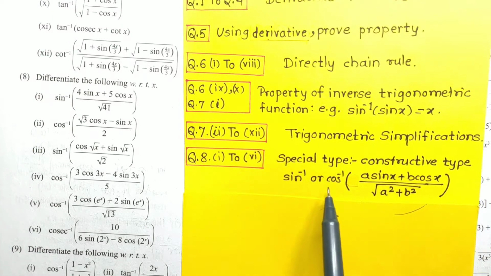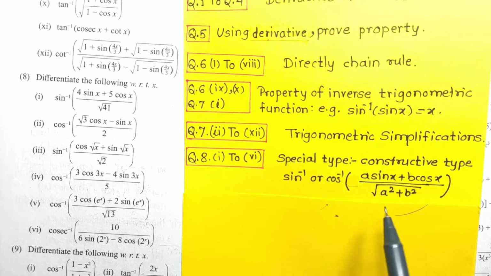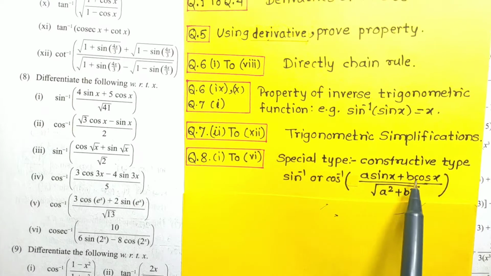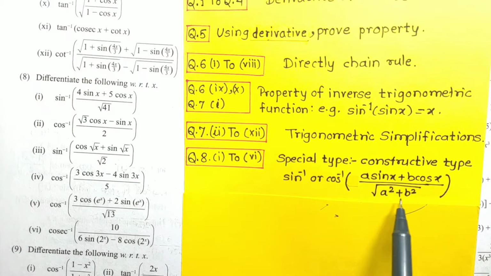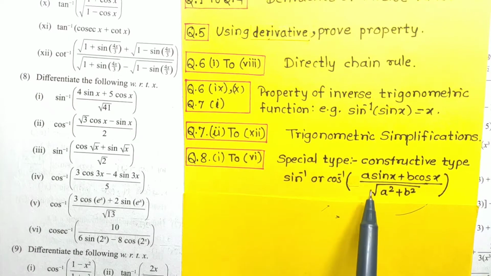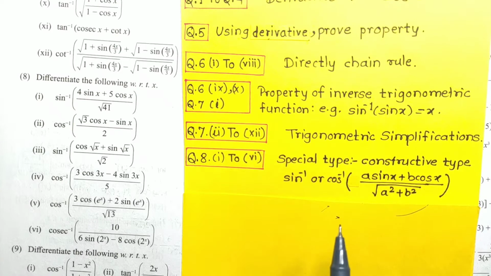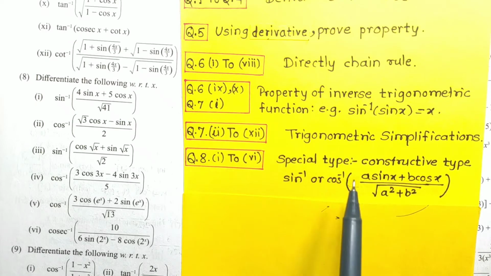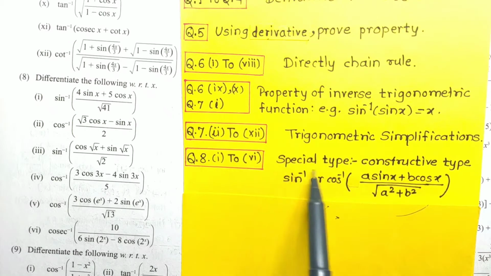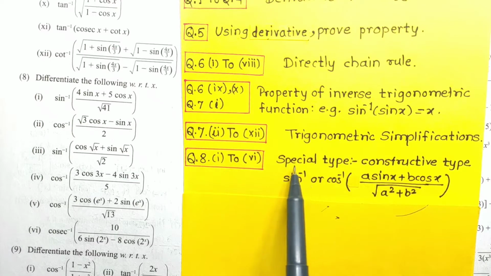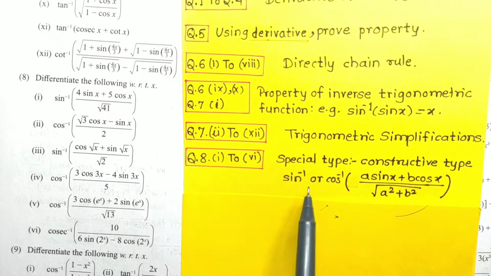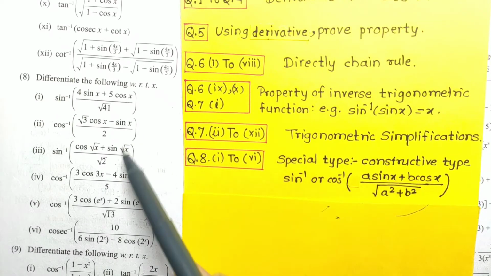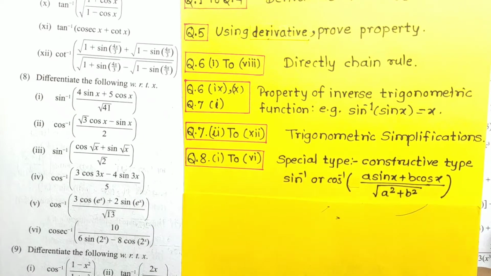That means the sin inverse and cos inverse terms contain numbers like a, b and square root of a square plus b square, so these three numbers form a Pythagorean triplet. We have considered it a special type for our convenience only. It is not any mathematical word. We are saying it just for convenience. So this is the next subtype, the fourth subtype.